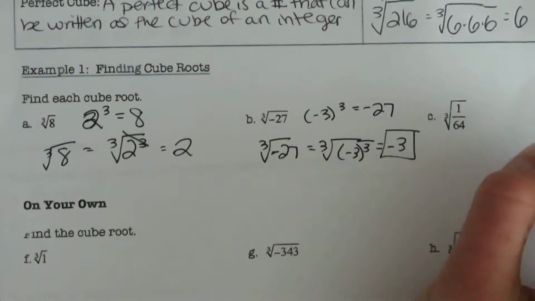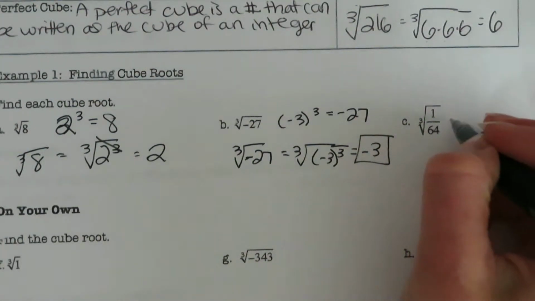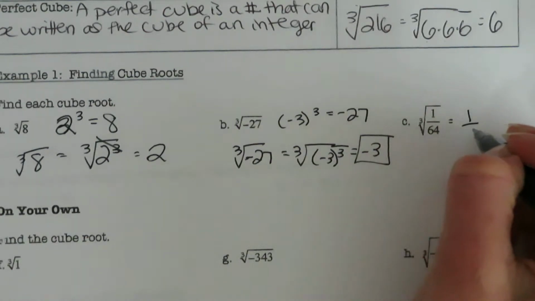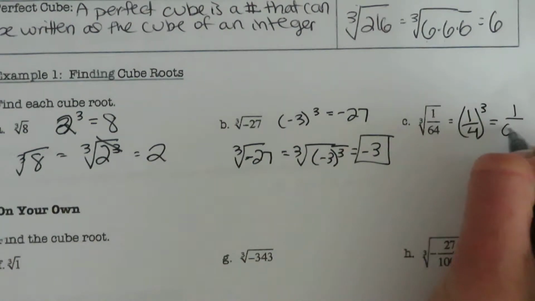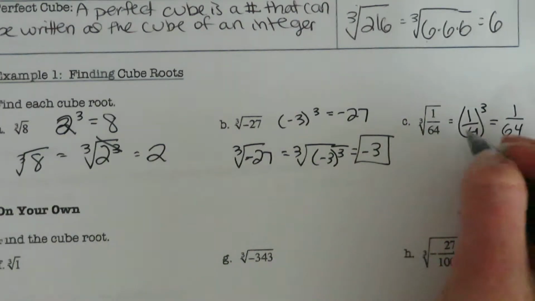Letter C. The cube root of 1/64th. Well, the cube root of 1 is going to be 1. Cube root of 64, well, what times what gives you 64? That's going to be 4. So 1/4 cubed, you need to have that in parentheses. That equals 1 divided by 64. If you don't have this in parentheses and you just say 1/4 cubed, then it's not telling you to cube the 4 as well.